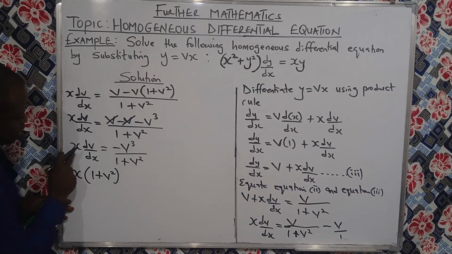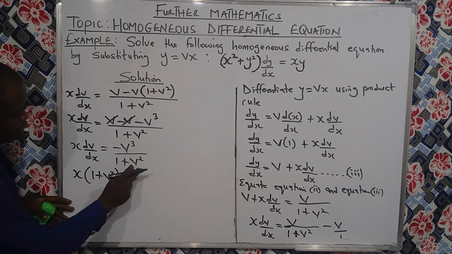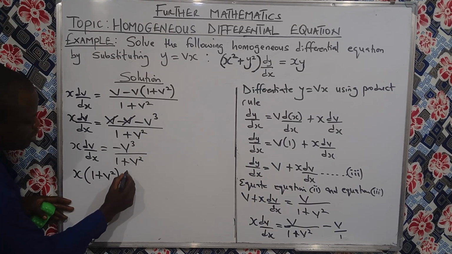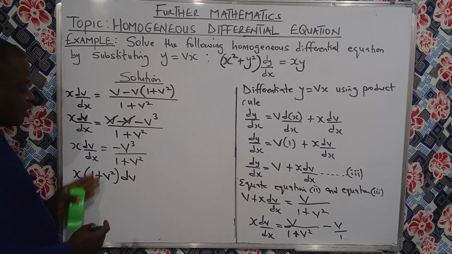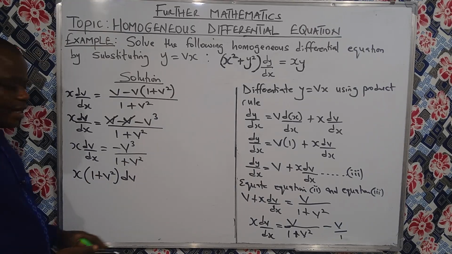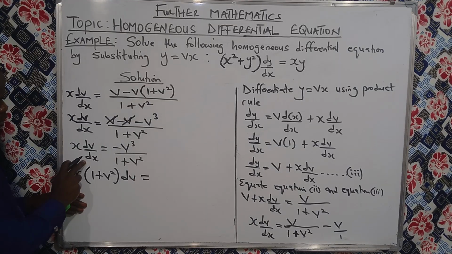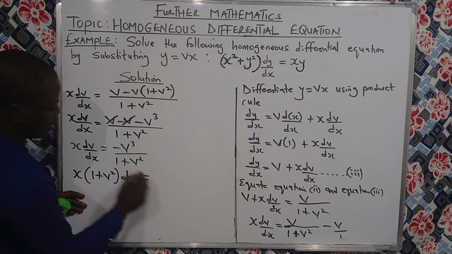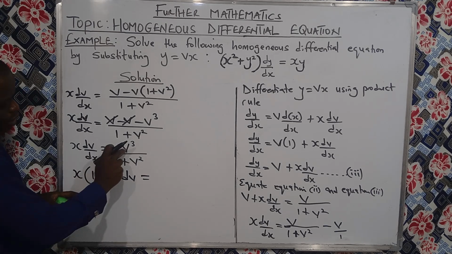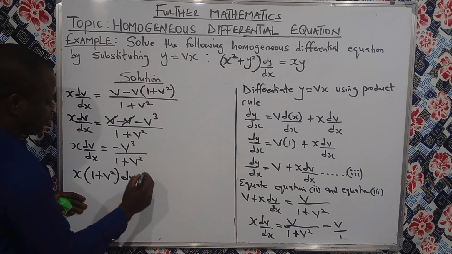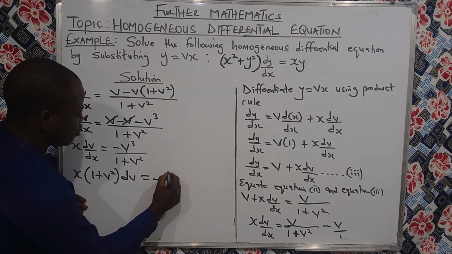Now you're having x times (1 plus v squared) dv. The dv will now be at the end because we are going to integrate in terms of dv and dx. Now you have it equal to, you cross multiply, you are left with dx times minus v raised power 3.